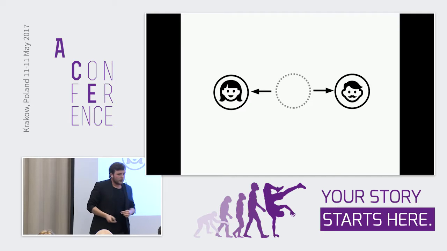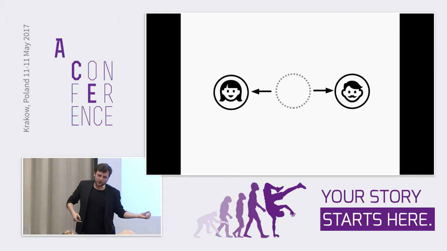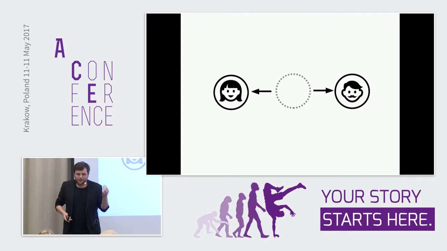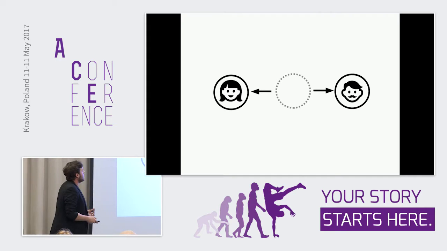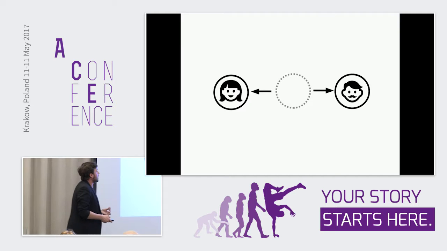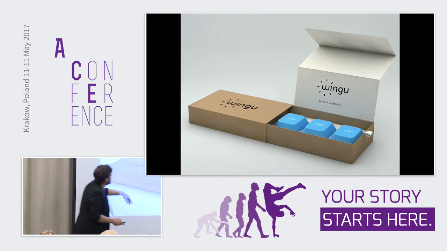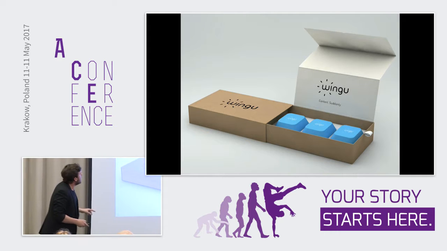And we also wanted to give the second group, the users, the right information at the right moment and in the right context. So we developed these nice boxes with beacons inside.